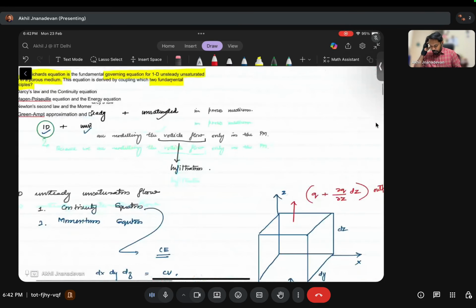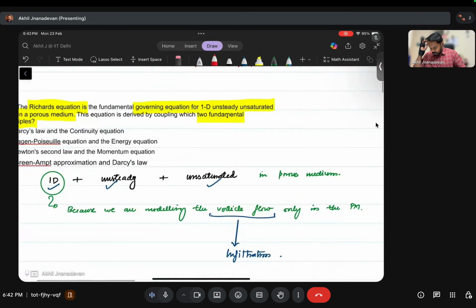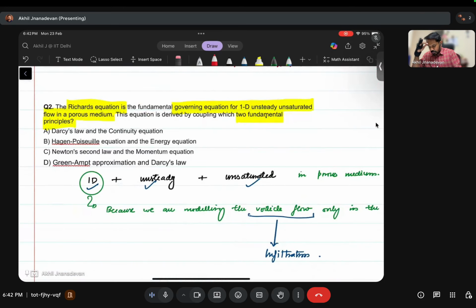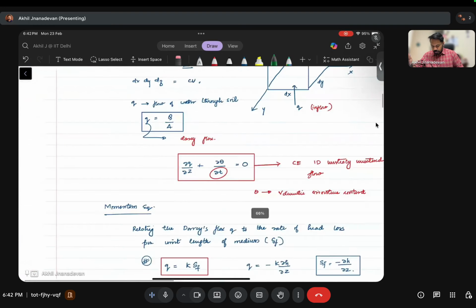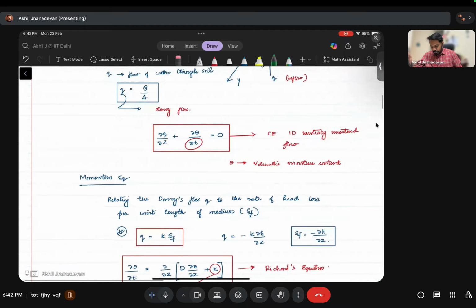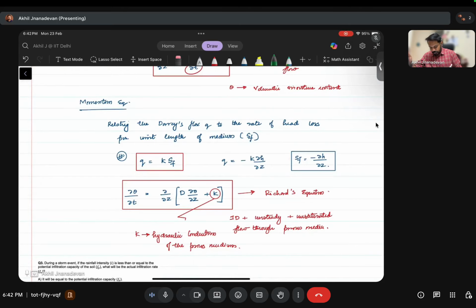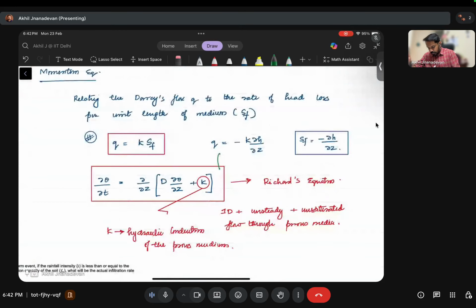And now if we come to the options, the first option is Darcy's law and continuity equation. So option one is the most suitable answer, right? Because we are applying Darcy's law. Darcy's law is nothing but this particular expression we are able to come up with: minus q is equal to minus K. So this is called Darcy's law.